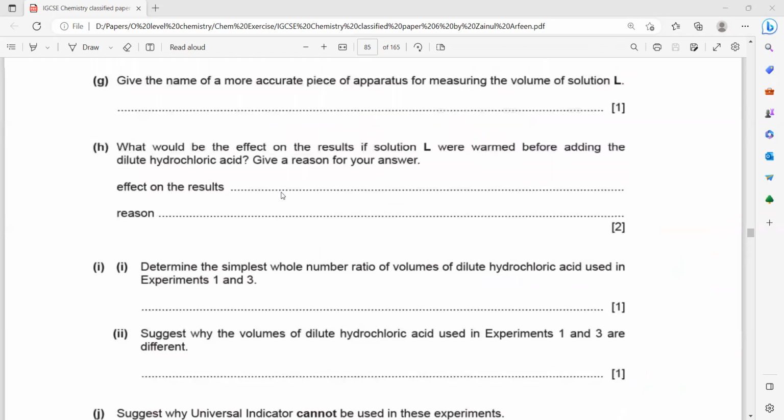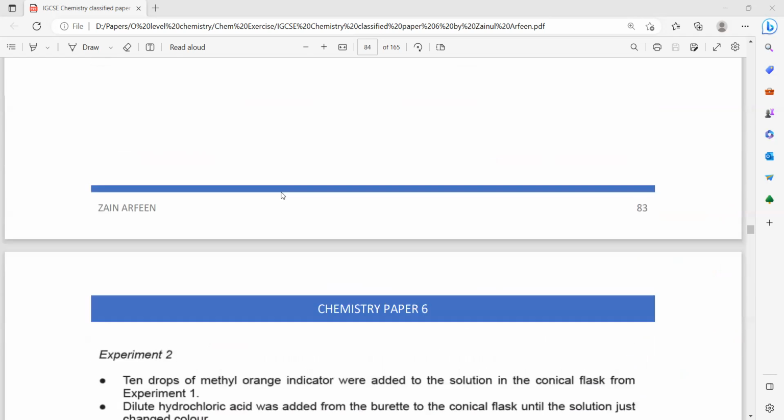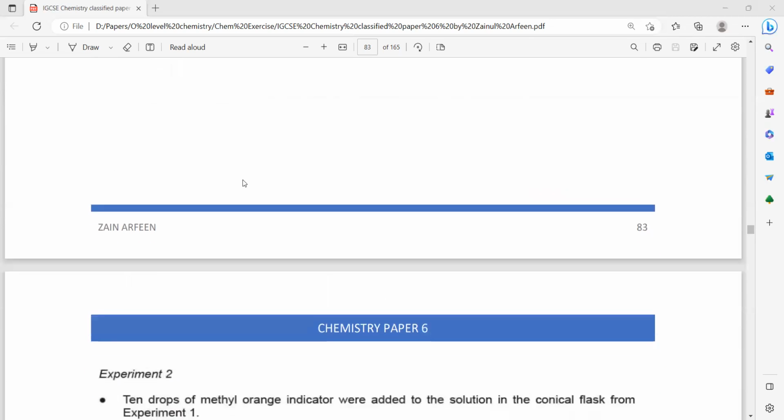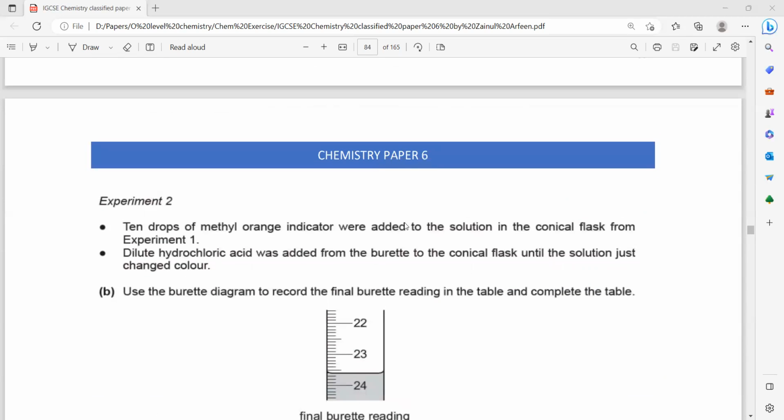Like if you see the comparison between the experiments. In experiment one, we added 10 drops of thymolphthalein. If you check the second experiment, 10 drops of methyl orange.